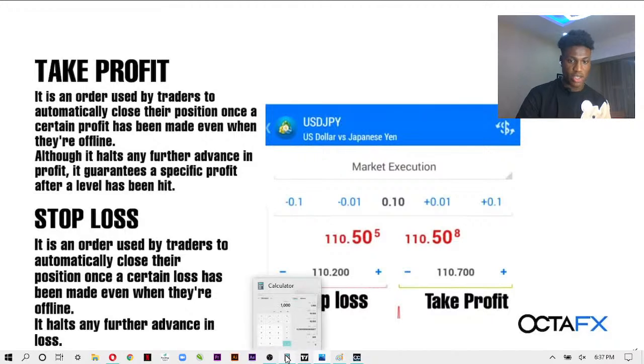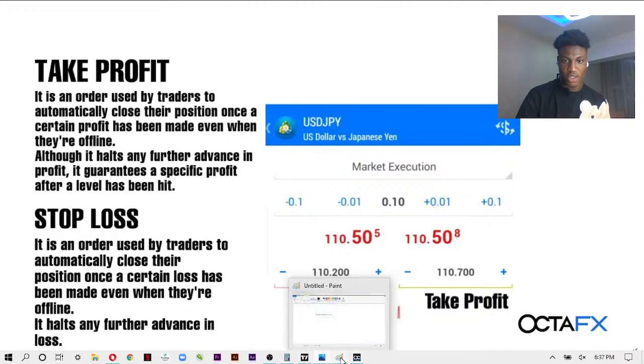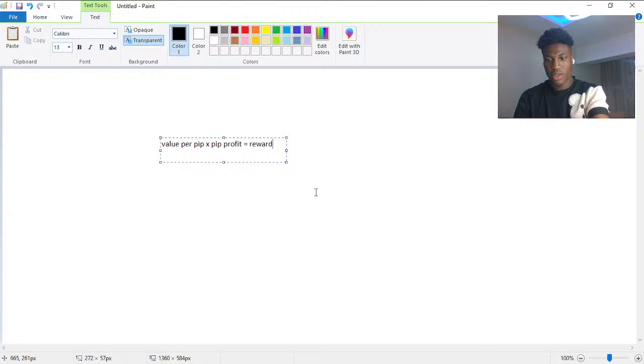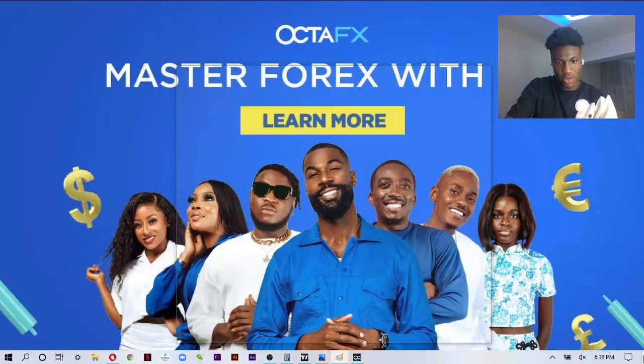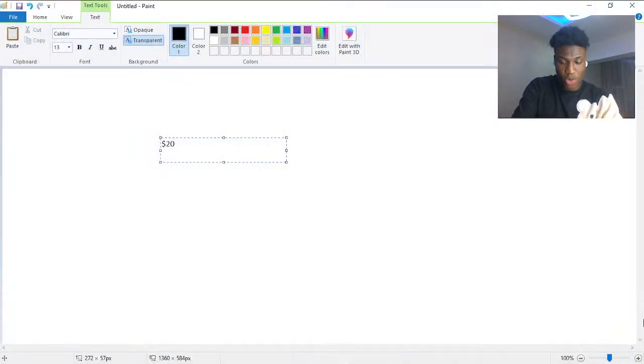That is a mini lot. Remember, a mini lot is valued at $1 per pip. So he hops on that trade. He's expected to come out with $20 in profit, right? Okay. $20 in profit for 20 pips.